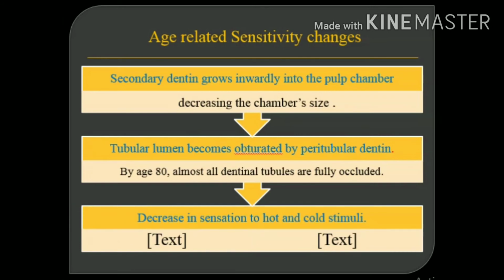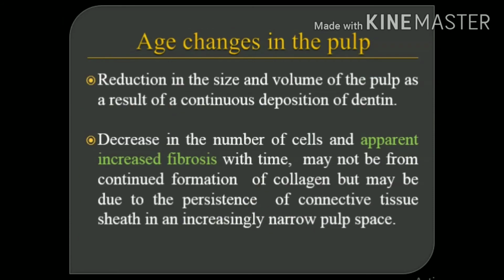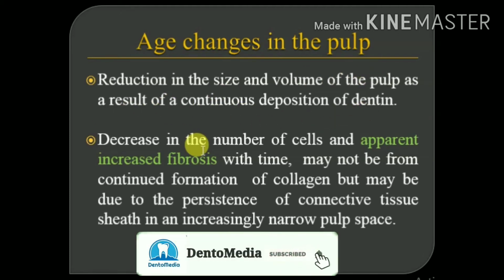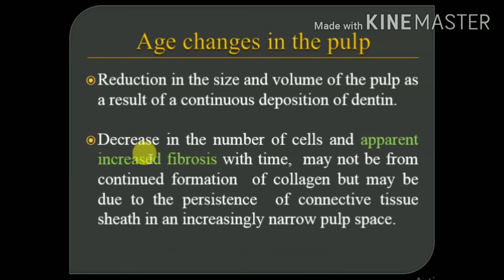Now, moving on to the last part of this topic, age changes in the pulp. There is a reduction in the size and volume of the pulp as a result of continuous deposition of dentine. That means continuous deposition of dentine is going to decrease the size and volume both.